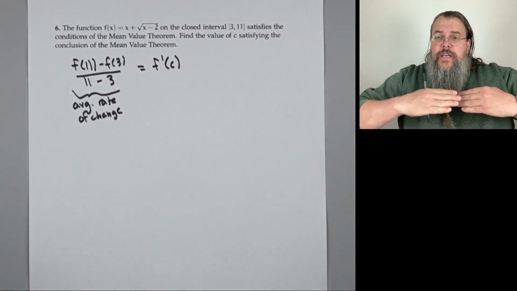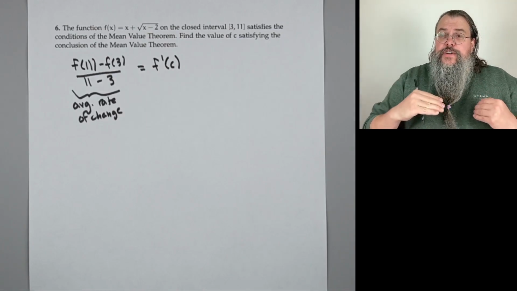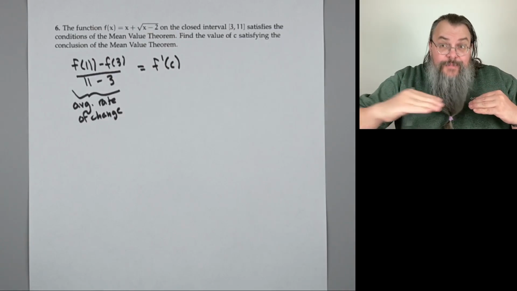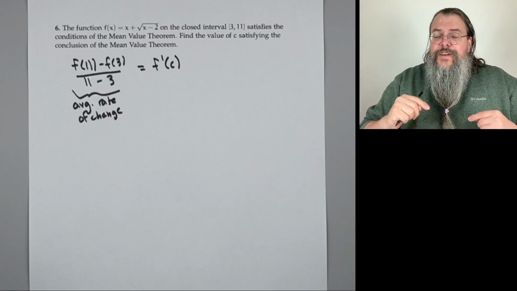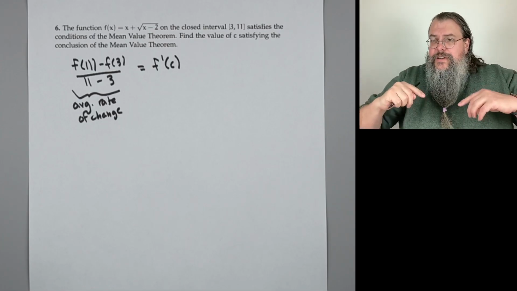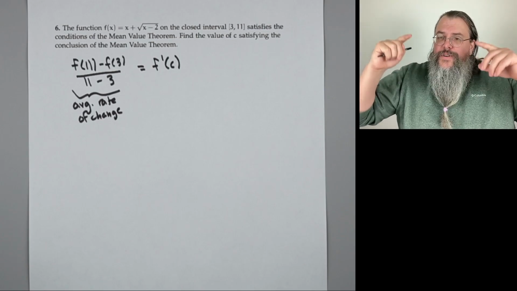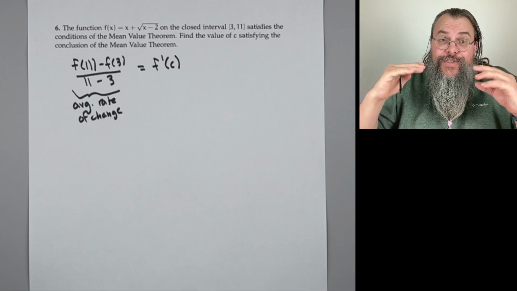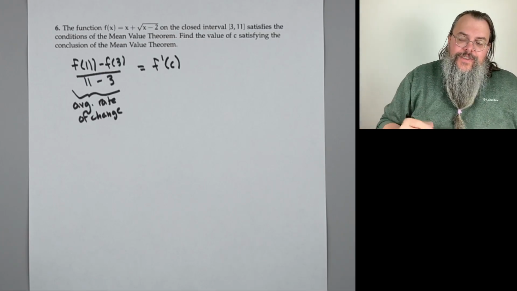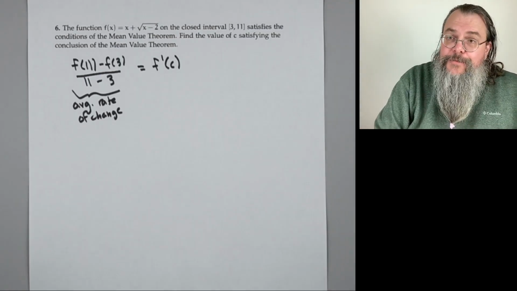So in other words, if you know your average speed on a trip, then at some point on that trip, you had to be going exactly that speed. So oftentimes you're going under, oftentimes you're going over, but at some point you were just right. Okay, so that's the c we're after.